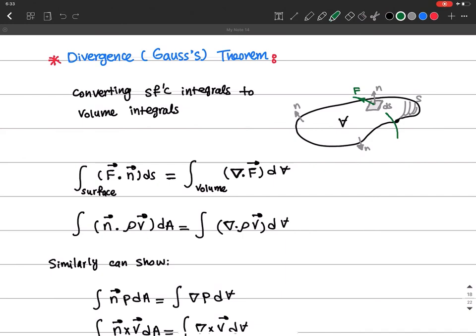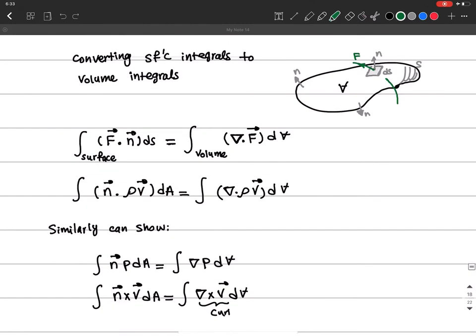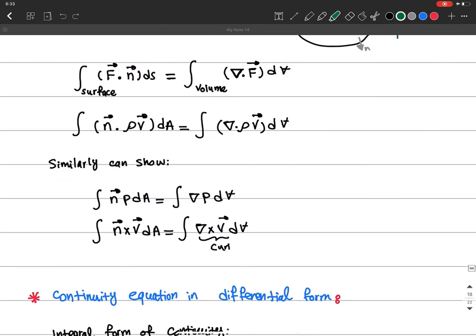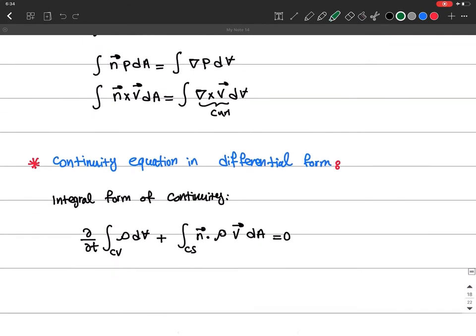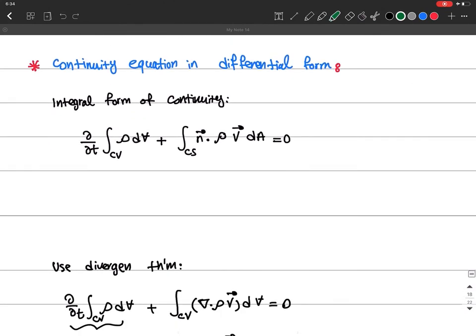Okay, so I wrote it also for the mass, and this is what you get for that. And similarly, you can show it for changing the area integrals. For example, for pressure, it's going to be something like this. Okay, so I didn't prove this, but these are some mathematical identities that you can show and prove.